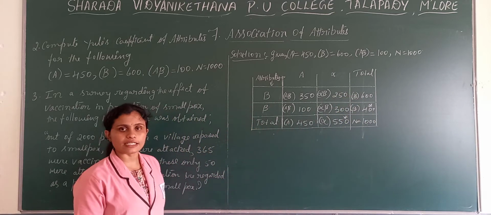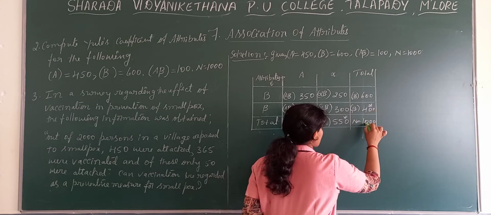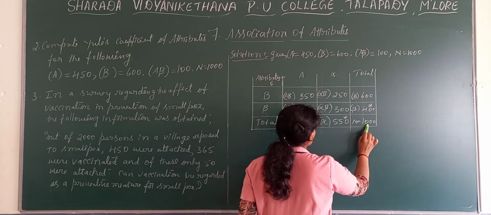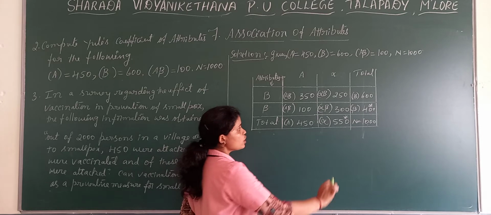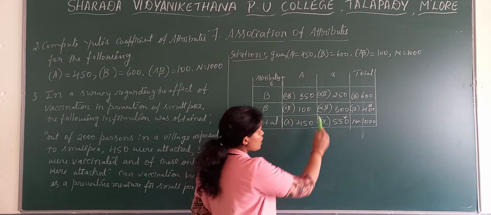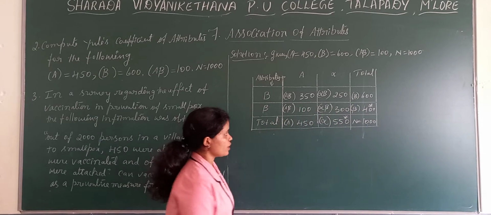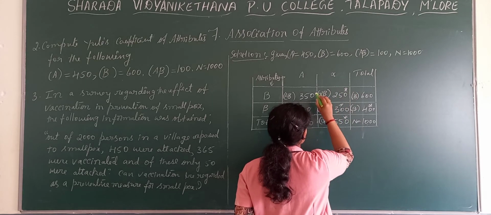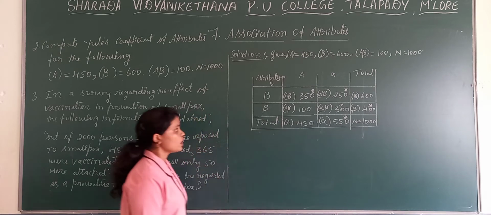So altogether it is 600. So see here 600 plus 400, 1000, 450 plus 550, 1000. 350 plus 100, 450, 250 plus 300, 550, 350 plus 250, 600, 100 plus 300, 400. These are calculated values, and even this is a calculated value.